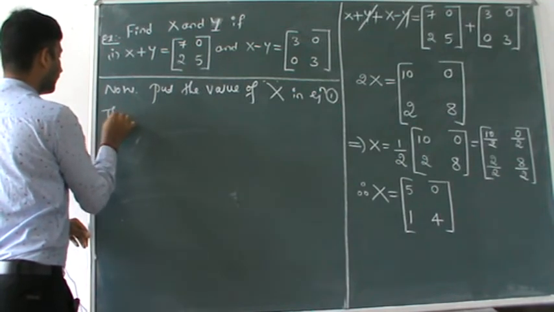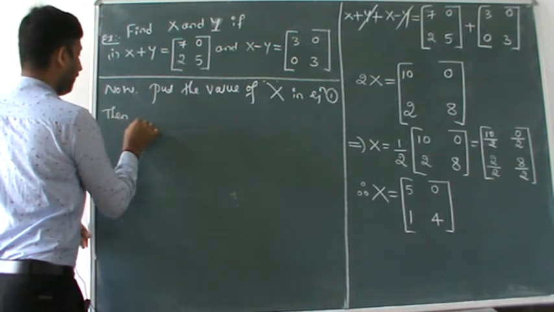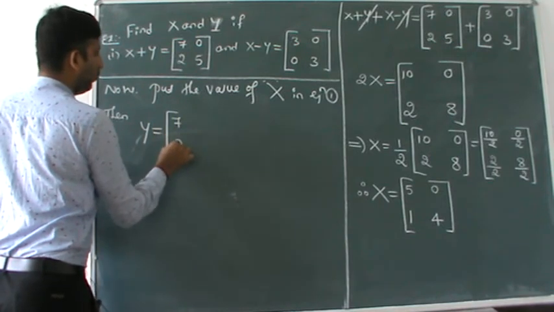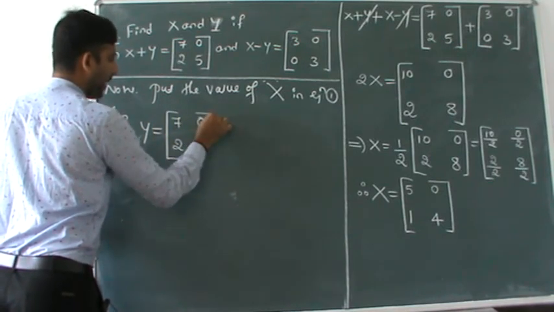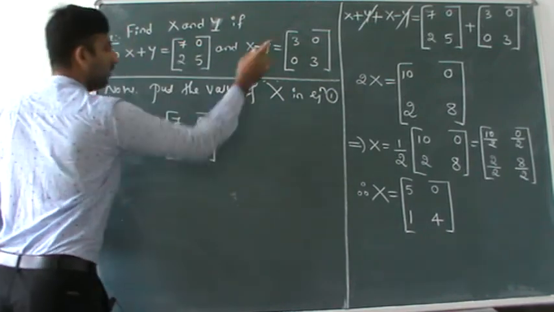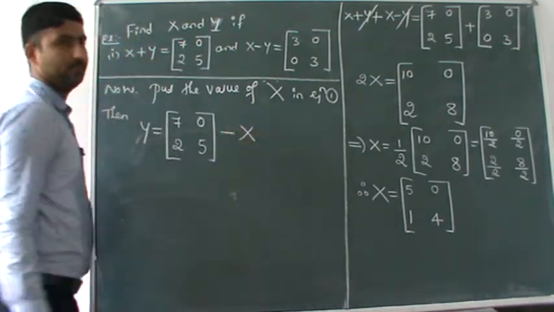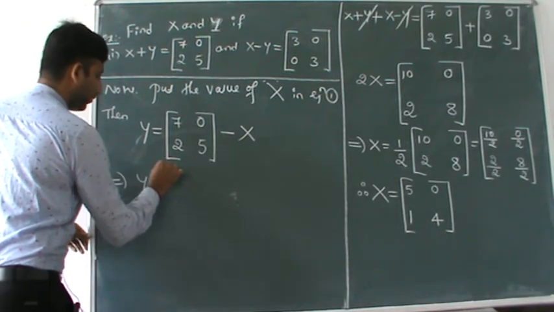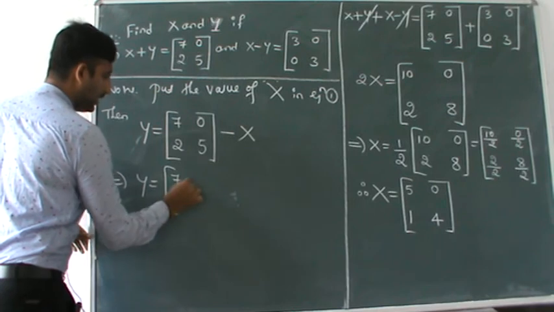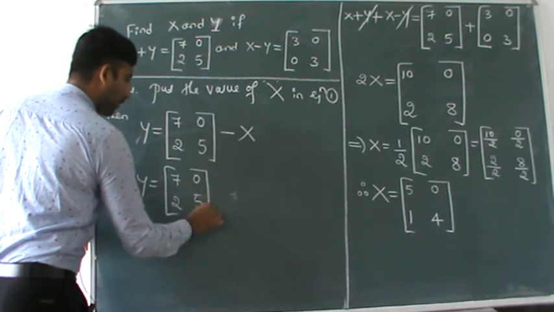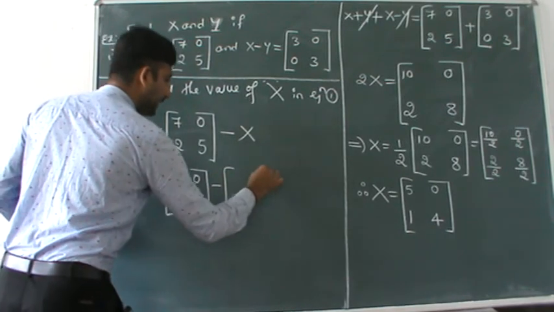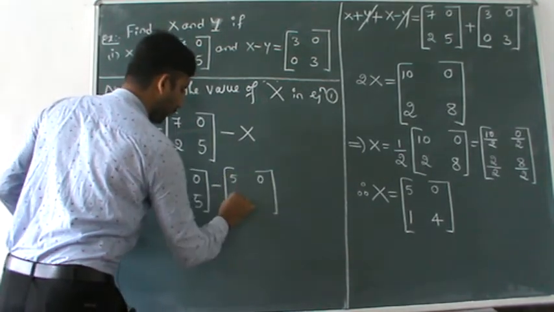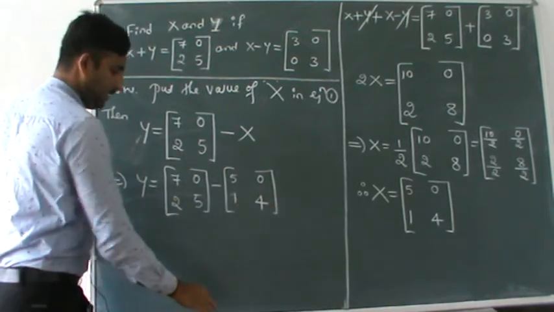Then y is equal to [7 0; 2 5] minus x, taking x to the RHS. Then substitute the value of x, which we found as [5 0; 1 4].